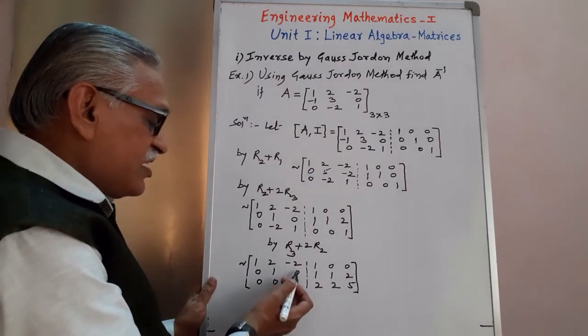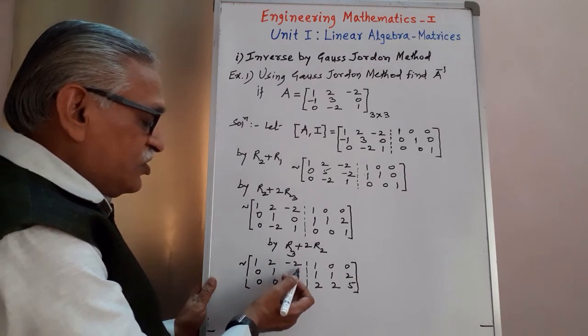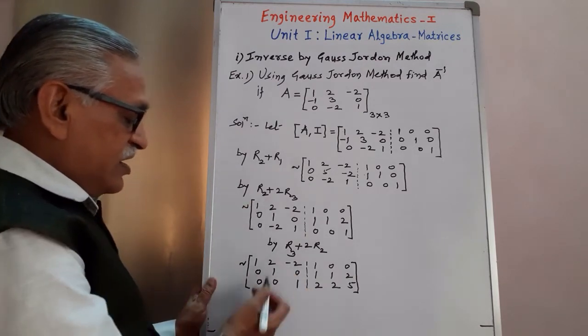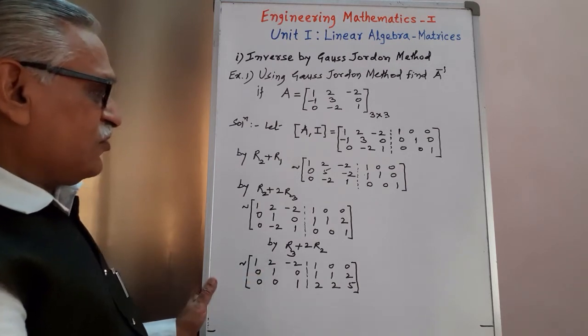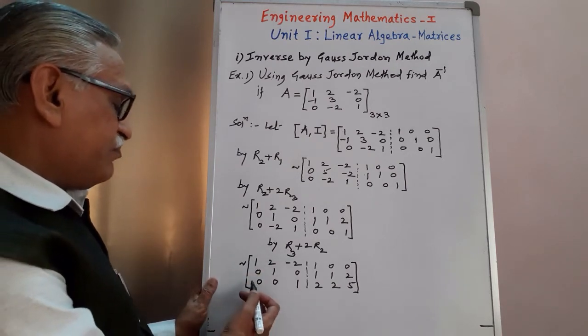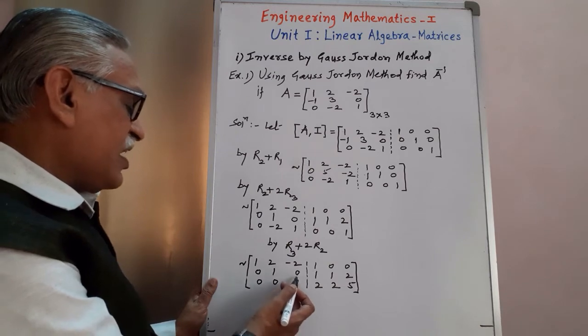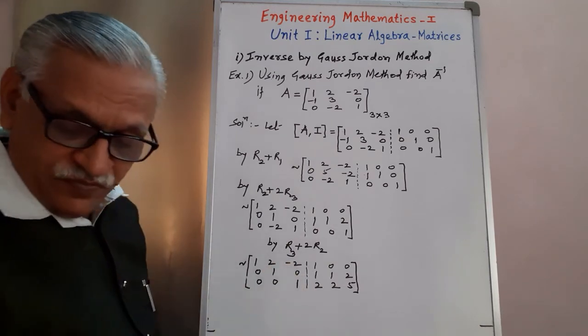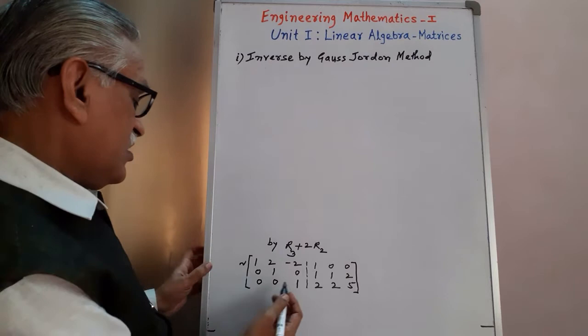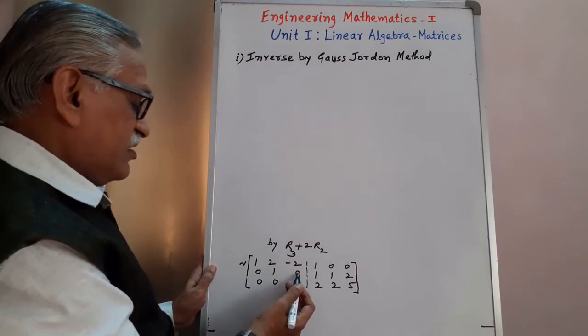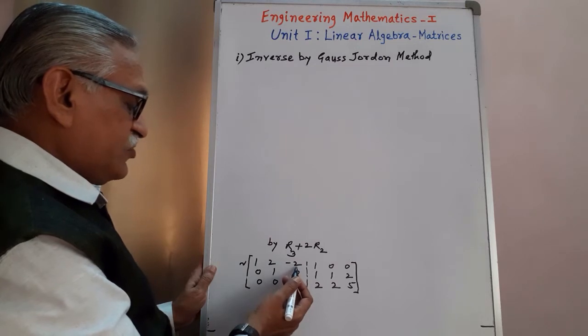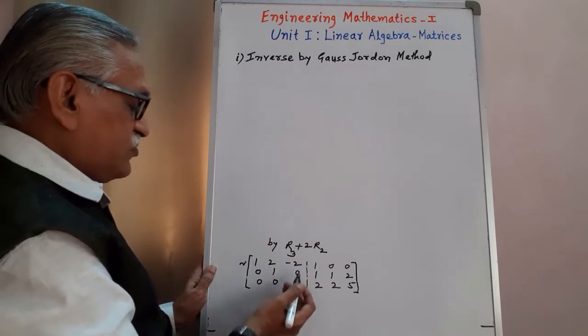With the help of this one, we have to convert these two elements to 0, and using this one, we have to convert this to 0. Next step, with the help of this, I will convert this to 0. Therefore, this one is already 0. We try to convert this element to 0: minus 2 plus 2, 0.